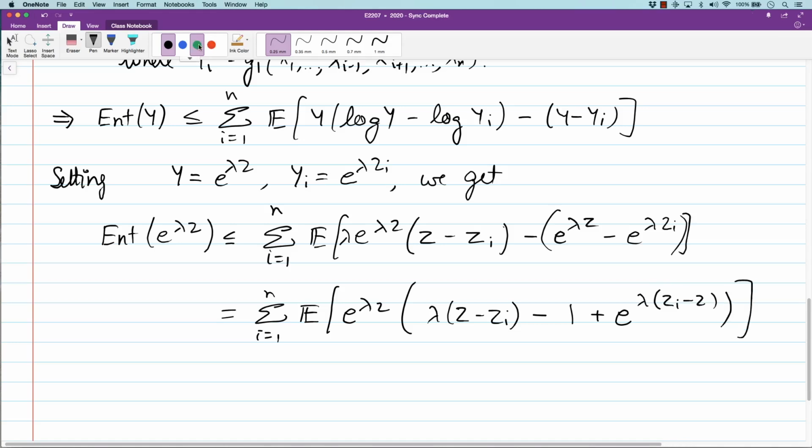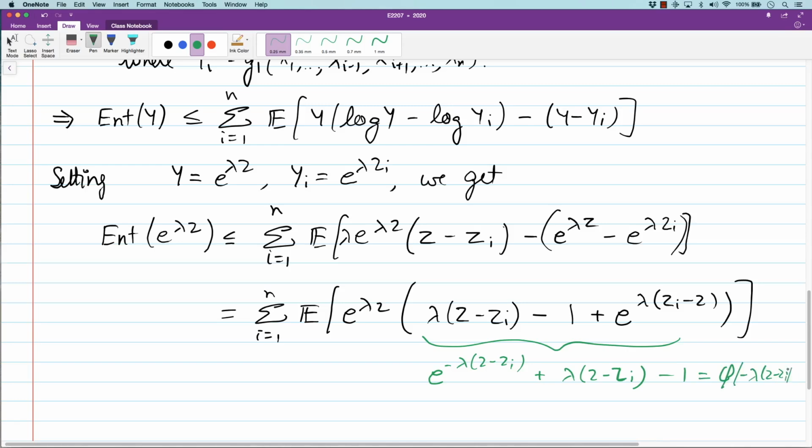If you look at this function here, this is e to the power minus lambda times z minus zi, minus lambda times z minus zi, minus 1, which is just phi of minus lambda times z minus zi.